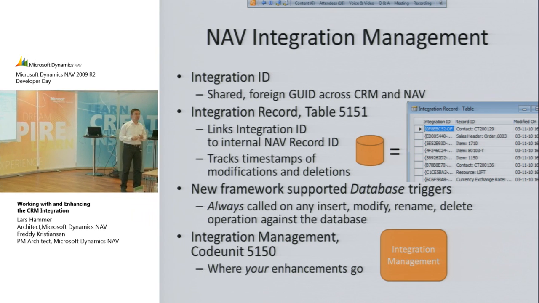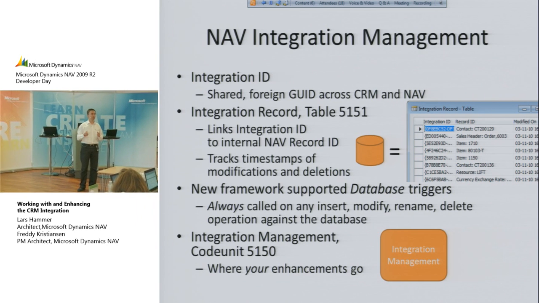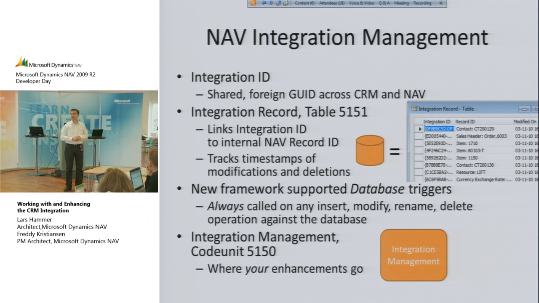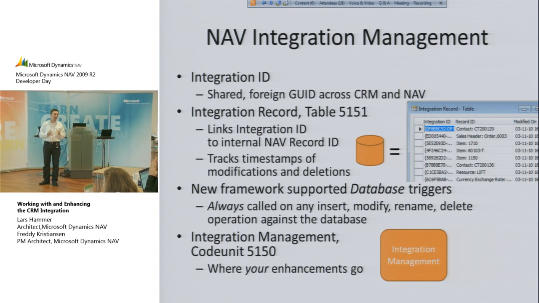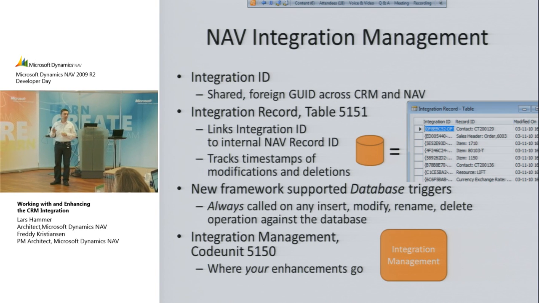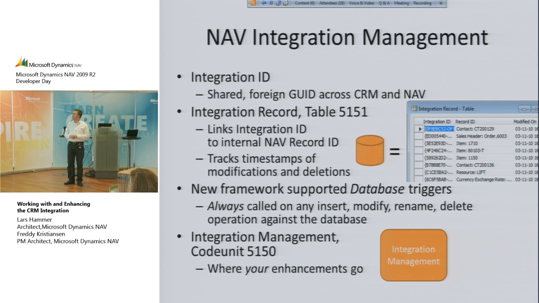This table lists the links between the integration ID and all of the tables that we synchronize, and then we also keep track of when this was modified. So that's the basic building block inside of NAV. It's this integration record. That table also keeps track of deletions and a few other things, but this is the high-level picture.